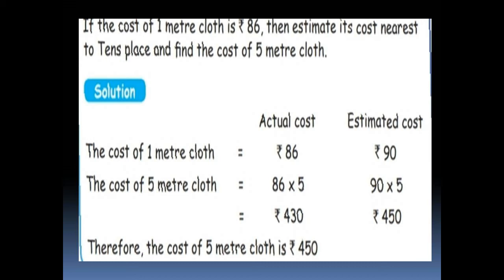So we have to find the cost for 5 meters. 86 into 5, when we multiply, you will get the answer 430. With the estimated cost, 90 into 5 equals 450. That is rupees 450. Therefore, the estimated cost of 5 meter cloth is rupees 450.